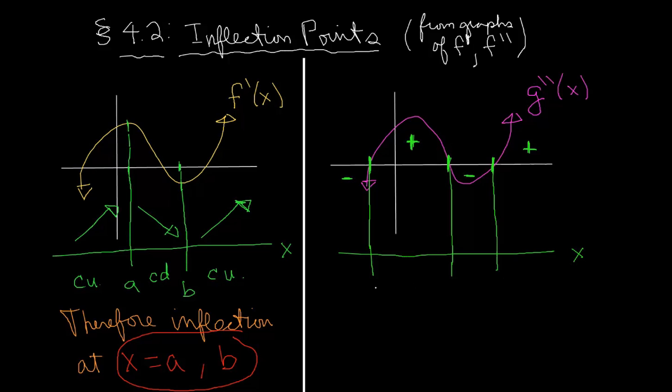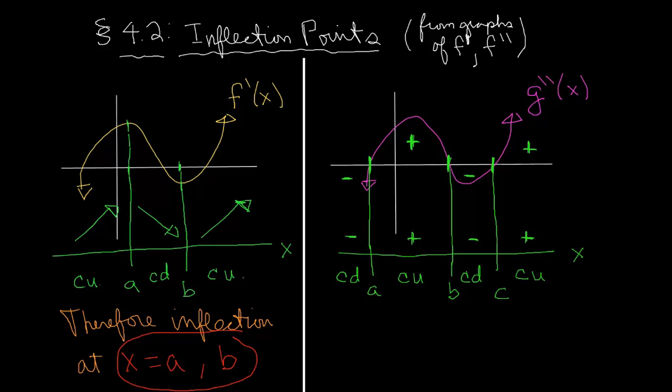Let's call these points A, B, and C. The second derivative is negative, then positive, then negative, then positive. And so notice here, because the second derivative is negative, the function must be concave down here. Then the original function, g I'm talking about now, is concave up, then concave down, and then concave up.